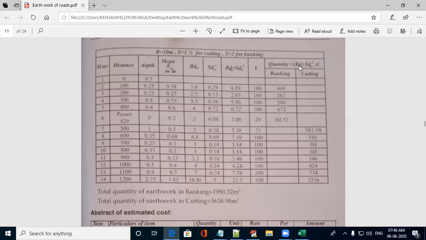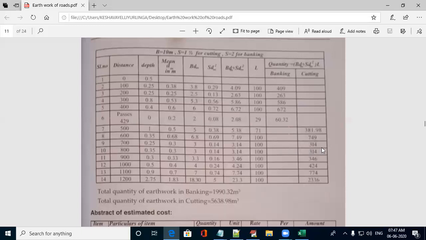Banking, same: BDM plus SDM squared into L. You have to multiply these two columns, but up to 429, that includes 429. Up to here you write it in the banking column, and later, from the 71 distance, you write it in the cutting column. Same thing, same calculation, but you have to write it in different columns.